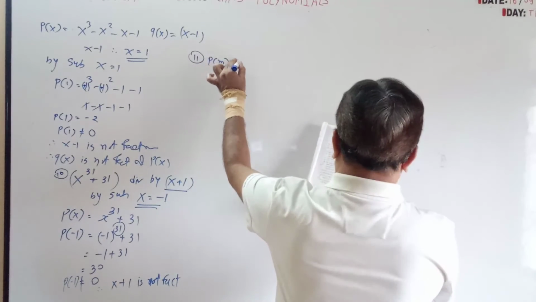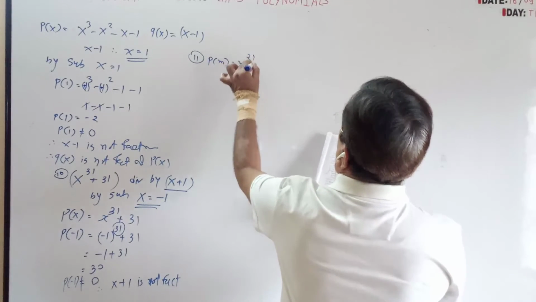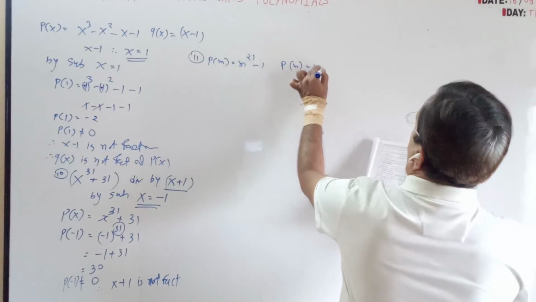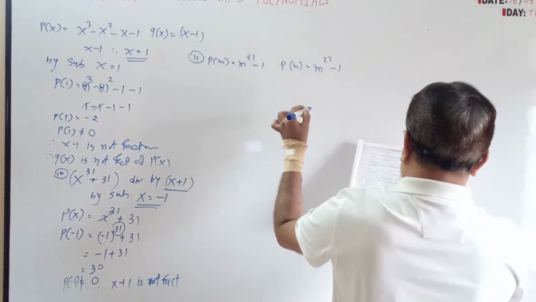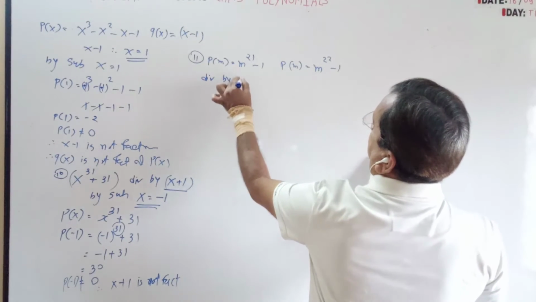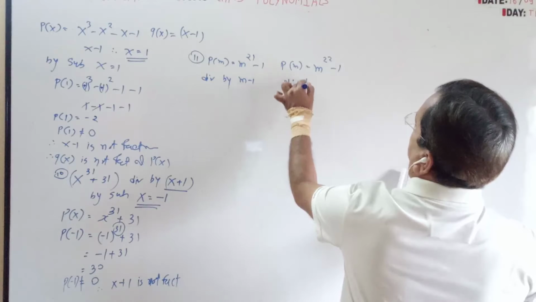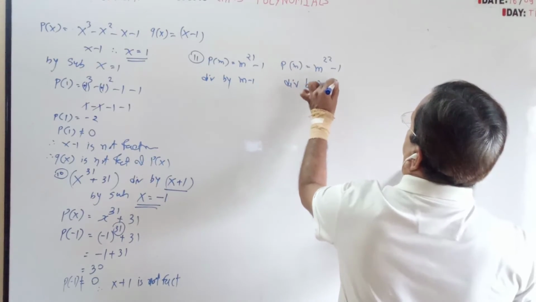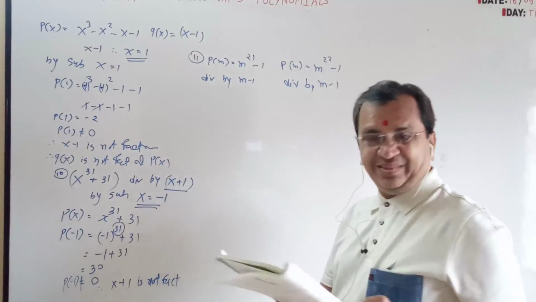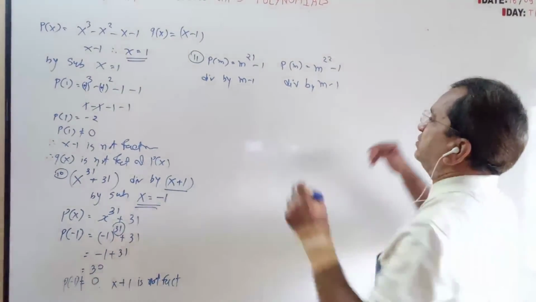P of m is equal to m raised to 21 minus 1, divided by m minus 1. So m is equal to 1.